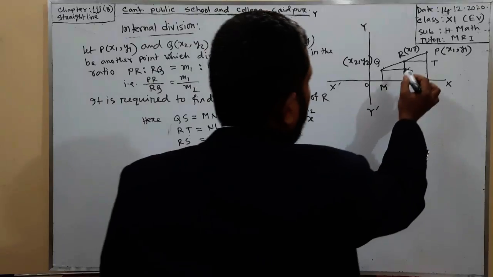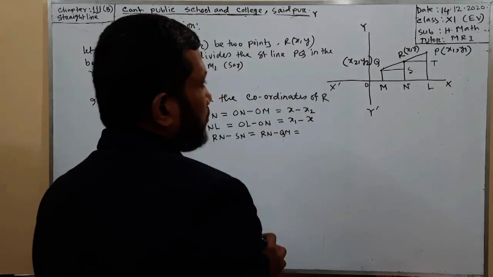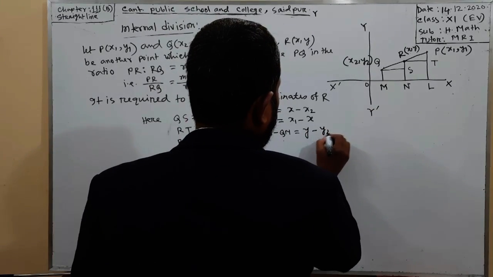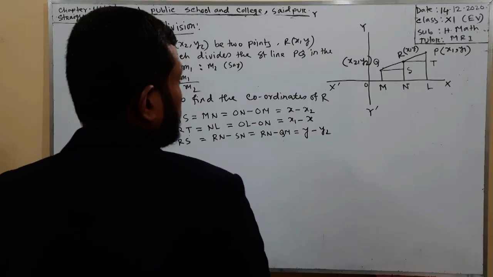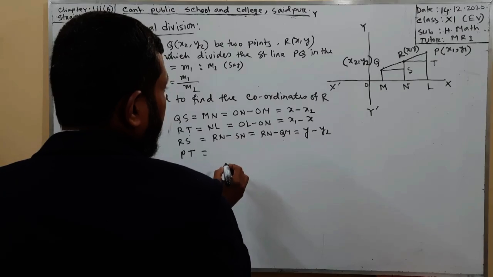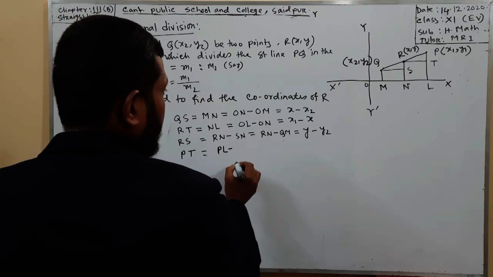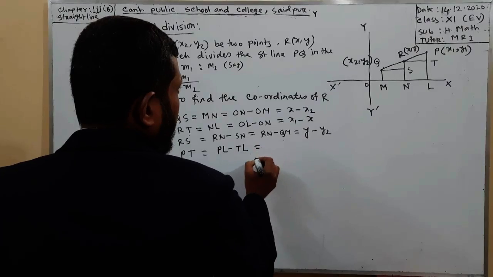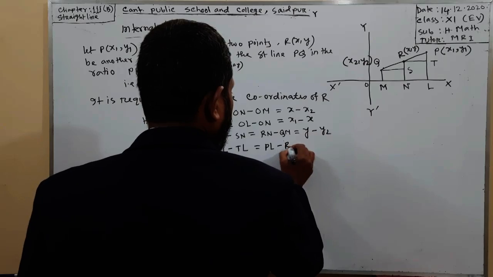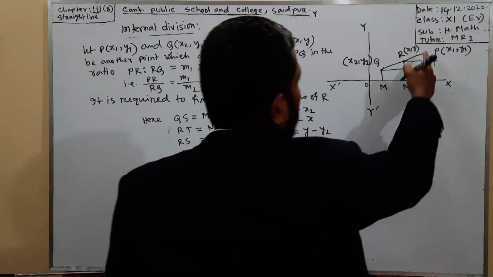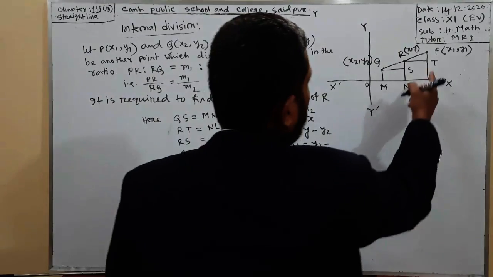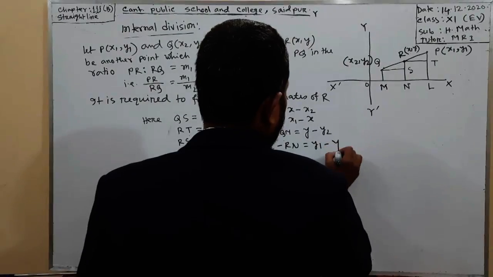We know RN is equal to y, and QM is y2. PT will be PL minus TL. Here PL minus TL is equal to RN. PL is equal to y1, and RN is equal to y.